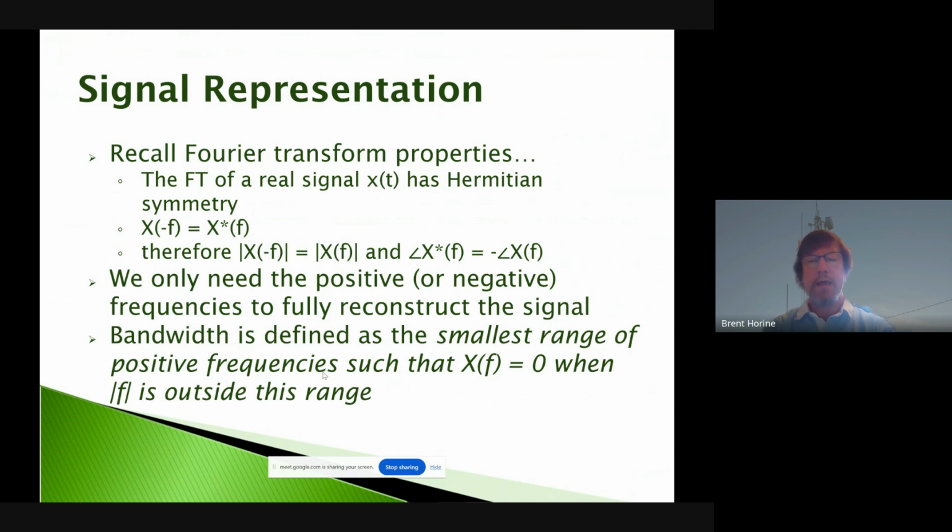We saw that we could represent a signal with a complex exponential, e to the j omega t plus theta, multiplied by a constant. That would give you a complex result if you applied Euler's formula to resolve that in terms of cosines and sines. A lot of times we actually use the complex representation.